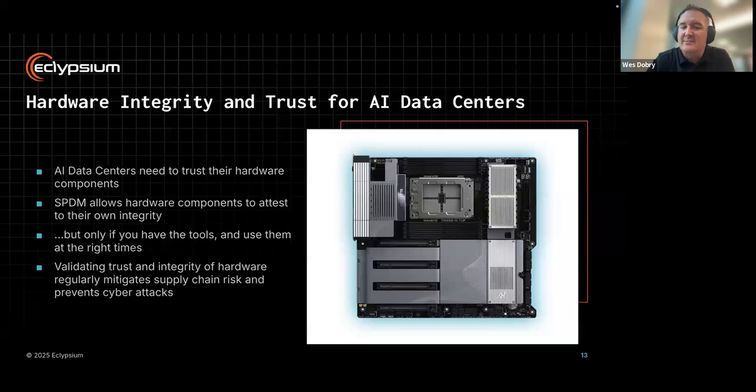And that's where things like SPDM and TPM attestation and even things like measured boot come into play to ensure that that device is what it says it is, running code that's trusted, and that no one has made any changes that could be considered malicious or nefarious.